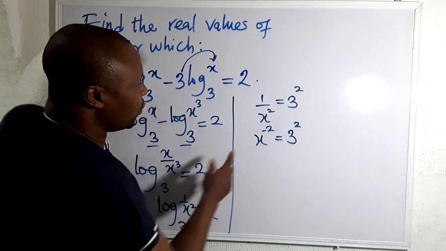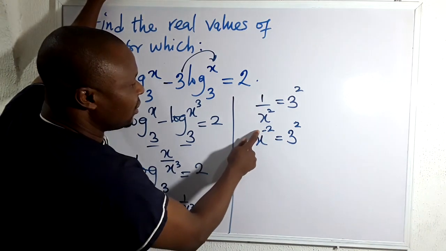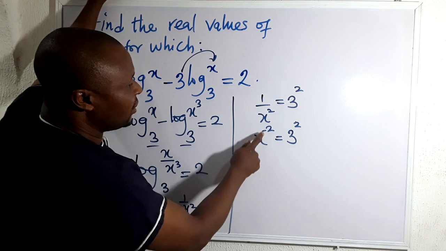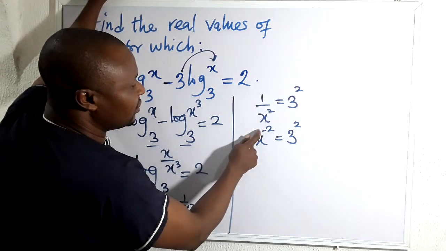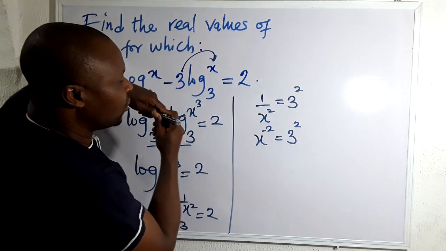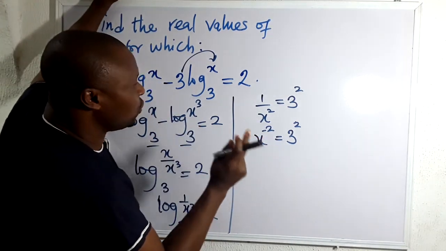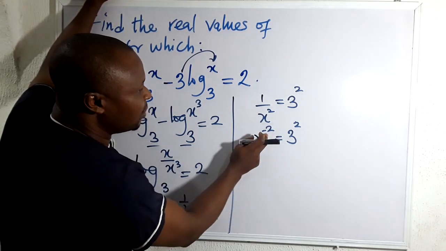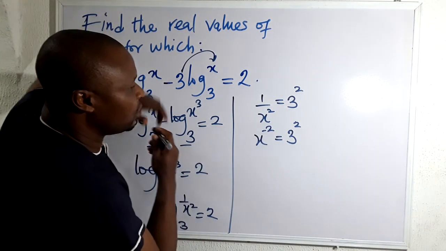So we are going to multiply the power of the variable we are interested in by the reciprocal of the power here, that is minus 1 over 2, in order to make the power unity.